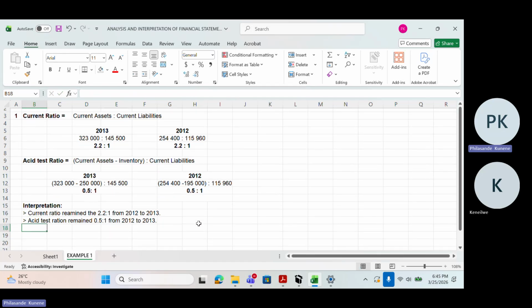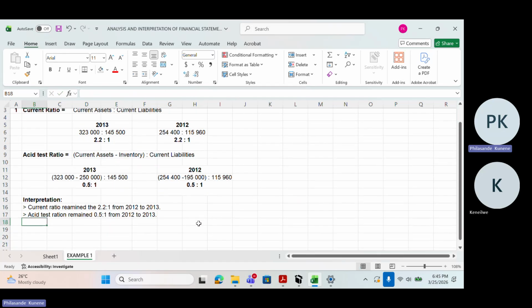Again, that's what you say for the acid test ratio.